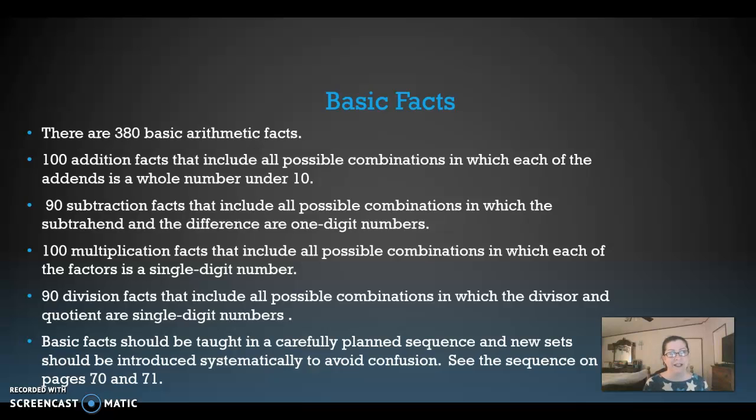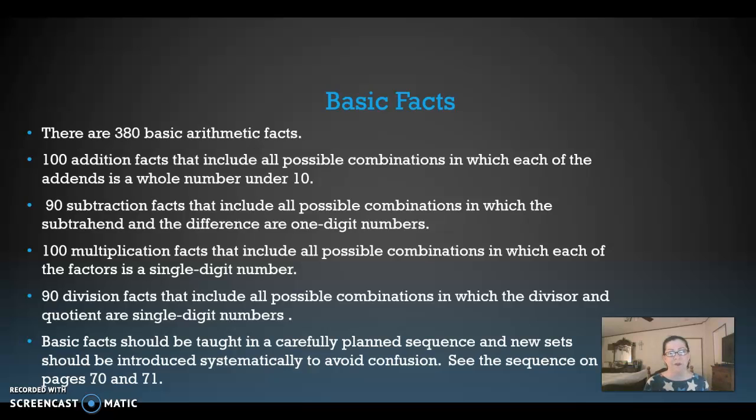And then 90 subtraction facts that include all possible combinations in which the subtrahend and the difference are one-digit numbers. 100 multiplication facts that include all possible combinations in which each of the factors is a single-digit number. 90 division facts that include all possible combinations in which the divisor and the quotient are single-digit numbers.